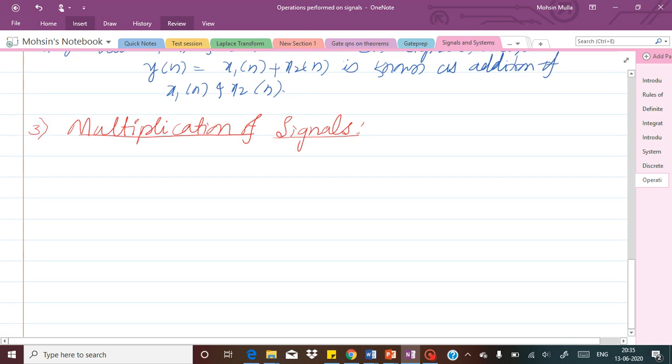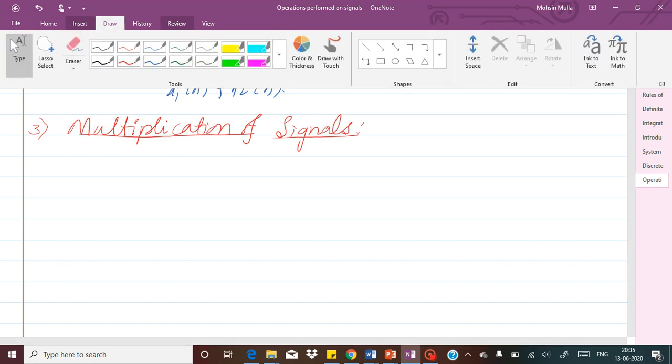The same process applies: we go on adding the magnitudes of all the signals for selected instants. Those things will be clear with the practical examples that we will solve after going through all these operations. So now let us concentrate on understanding the different operations that can be performed. Here also we take two signals as an example.